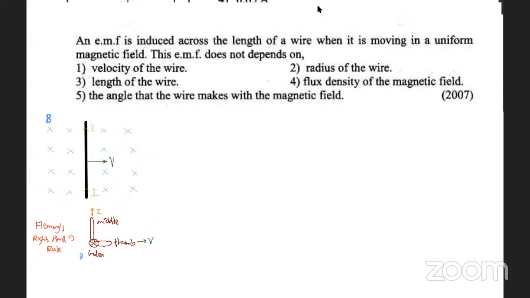The temporary induced EMF should look like this. So this point will be at high potential, this point will be at low potential. We can say that, but we can't say there will be a current. Remember, current will not be there, but if current had been there, that is how the current would have flowed. Okay, so that we know.